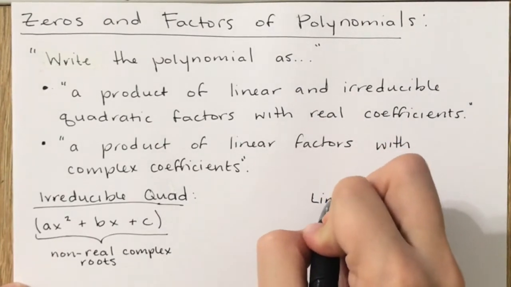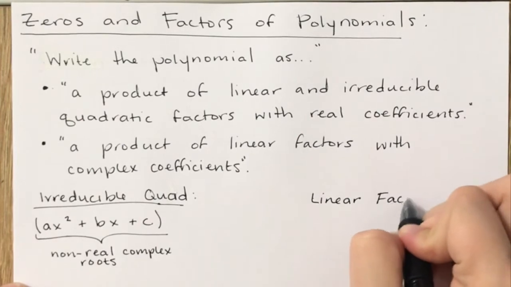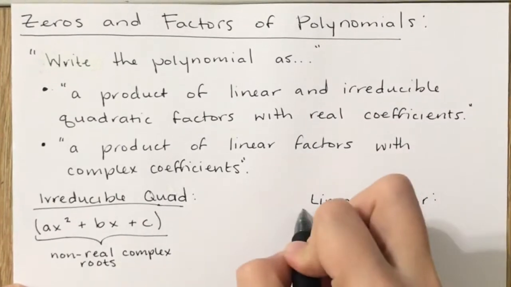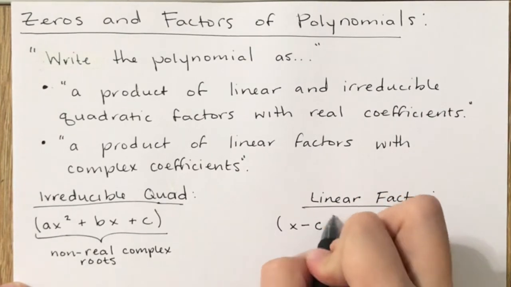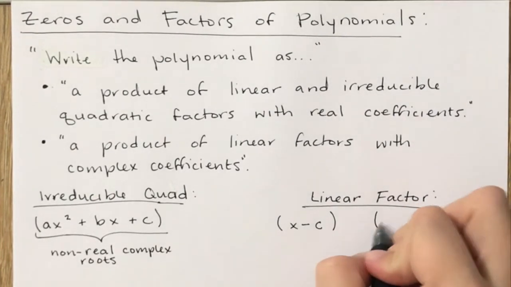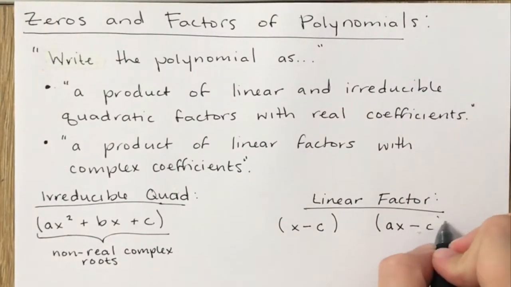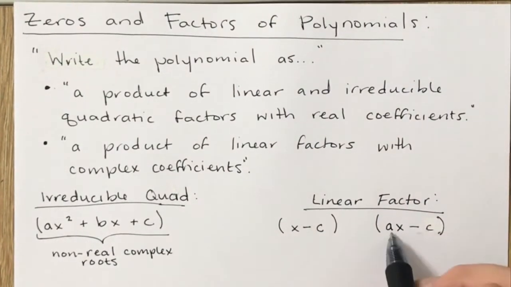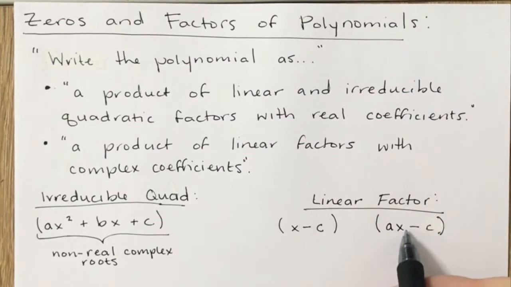A linear factor, which both of these talk about, a lot of times we see linear factors and they look like x minus c. But a linear factor can also actually look like ax minus c. So technically a linear factor can have a coefficient on the x.